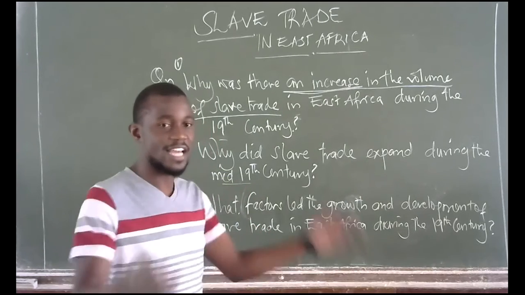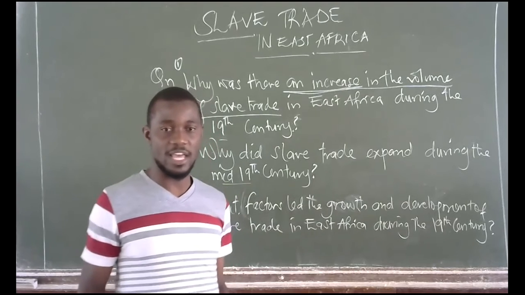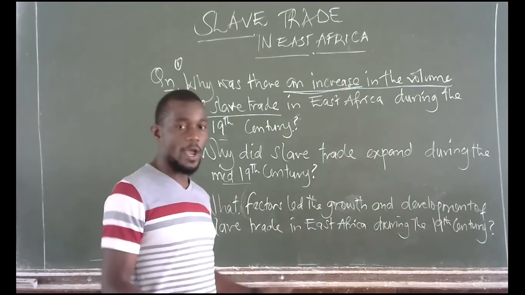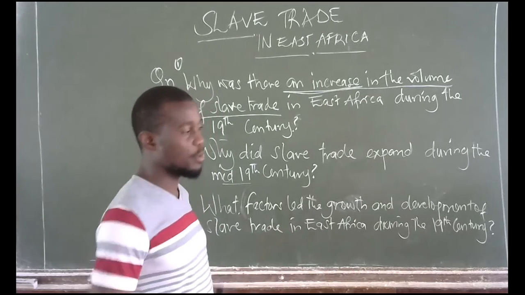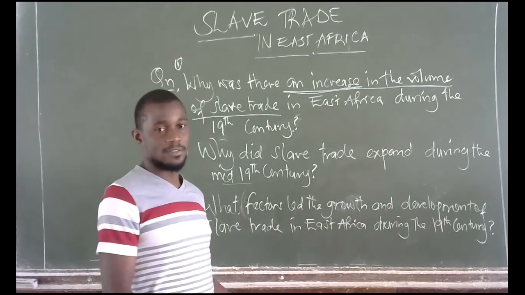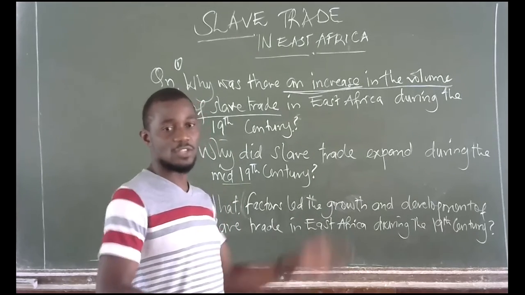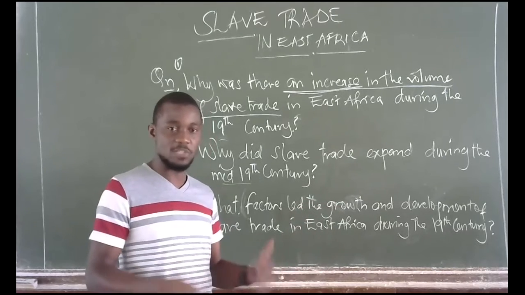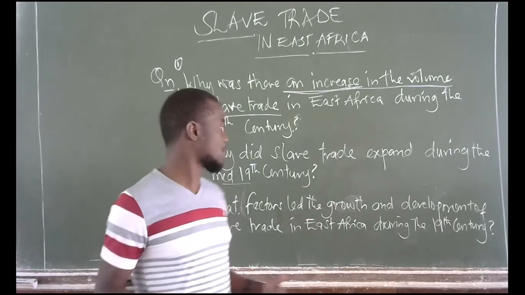This implies they can never fit in the building they had, but it was there. So in case a question comes and they say, why was there an increase in the volume of legislators in Uganda during 2001 or during the year 2005? There are some reasons as to why they expanded their legislature arm, which is the parliament.